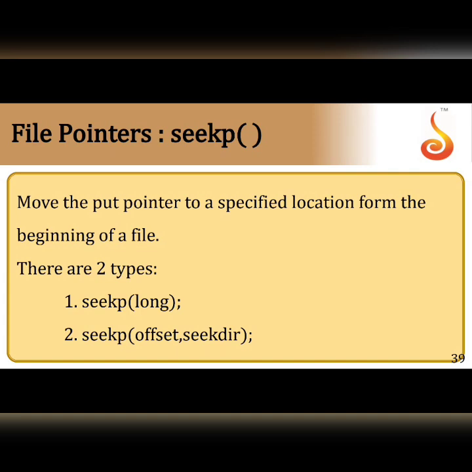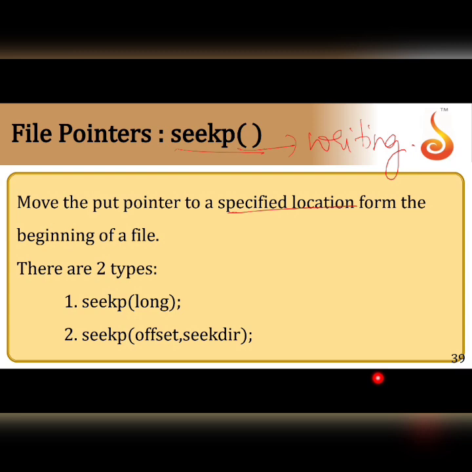Now we'll start with seekp. So p is for put pointer, that means it's for writing. Move the put pointer to a specified location from the beginning of the file.